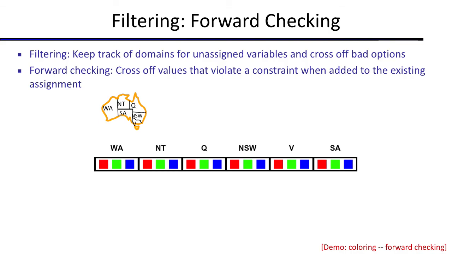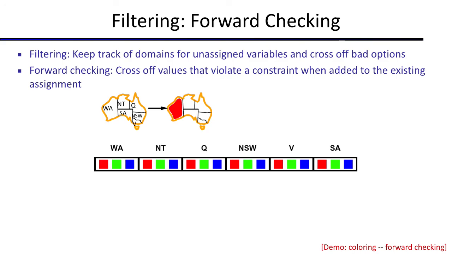Here's what that would look like for a small example, the map coloring example. The domains of every variable start out as all three colors, and then we're going to assign one, and this algorithm forward checking, which is a type of filtering, just says when you assign one variable, cross off everything that is now violated on all its neighbors' domains.